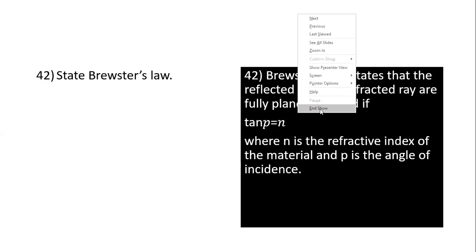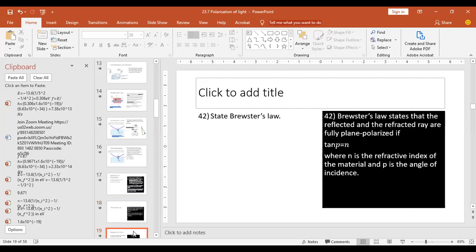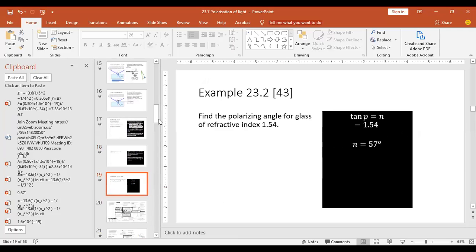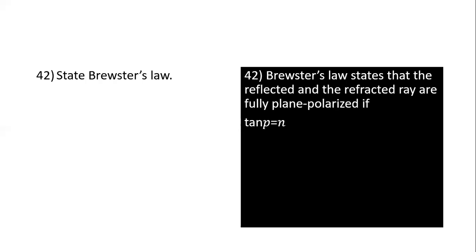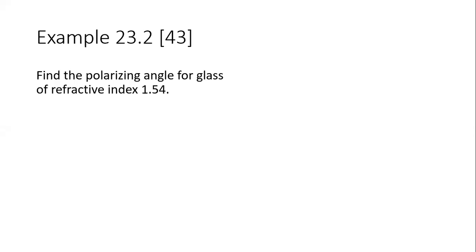Basically, that's all for this topic. You've got one more to do. Find for me the polarizing angle for glass of refractive index 1.54 using Brewster's law, number 43 in your worksheet.